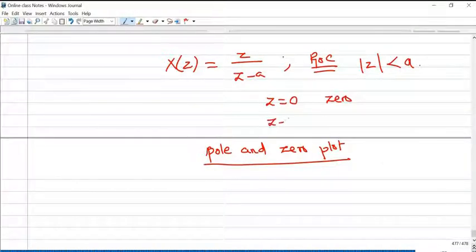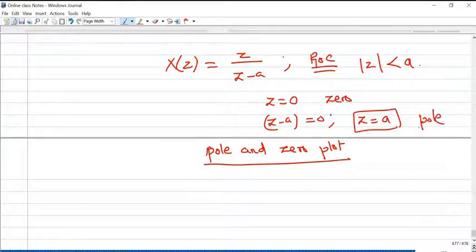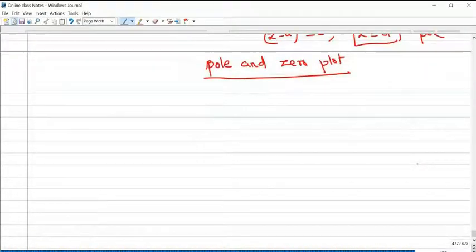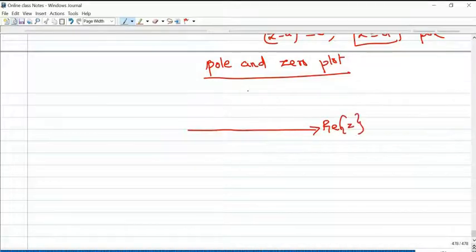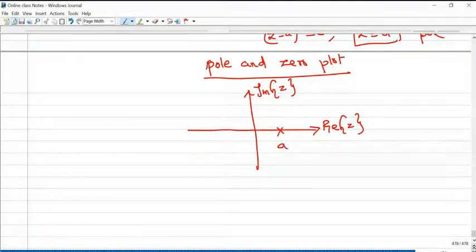Pole: Z minus A equal to 0, Z equal to A. So there is only one pole at Z equal to A. Only one zero at Z equal to origin. Z plane, real part of Z, imaginary part of Z, A, zero at origin. Now draw a circle with a radius A.